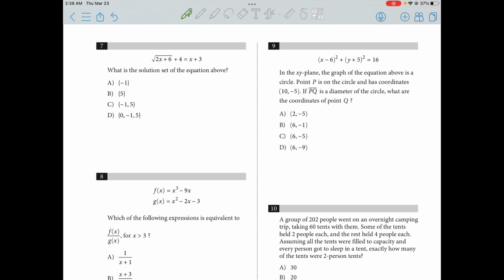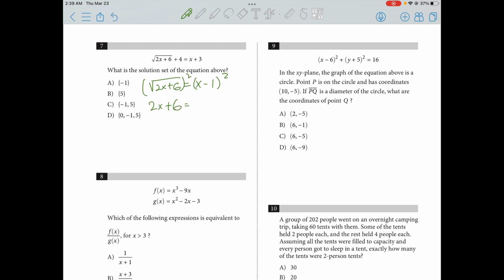Number 7. We want to get everything on the same side, right? We want to solve for x. So let's get 4 on the other side. That'd be negative 1. And then, since we don't like square roots, we are going to square both sides.